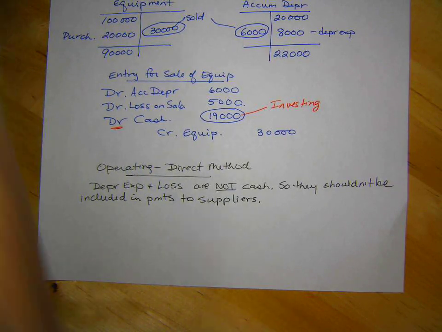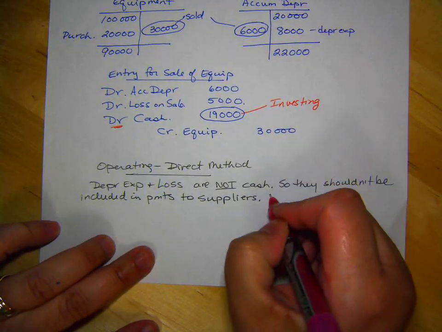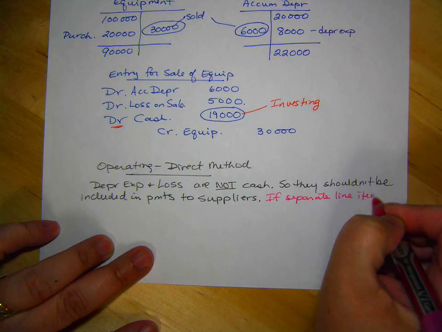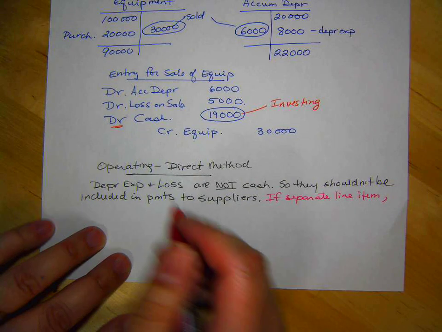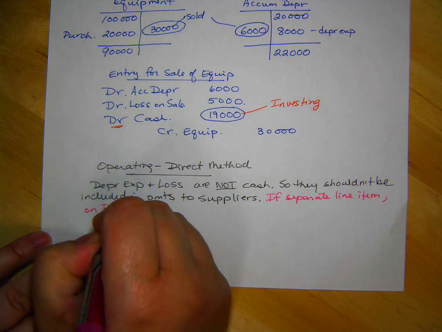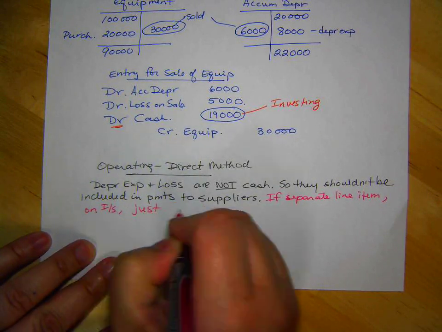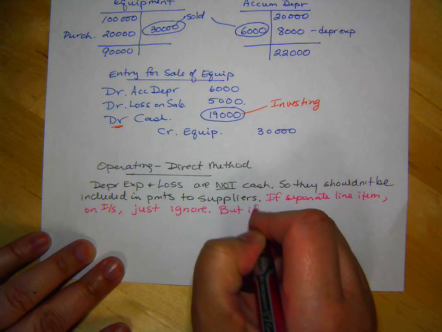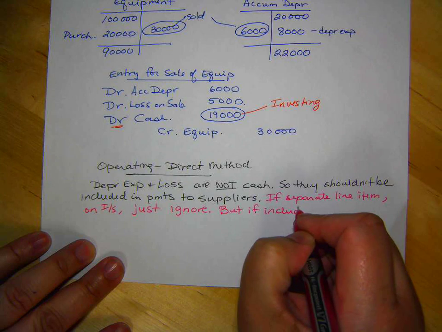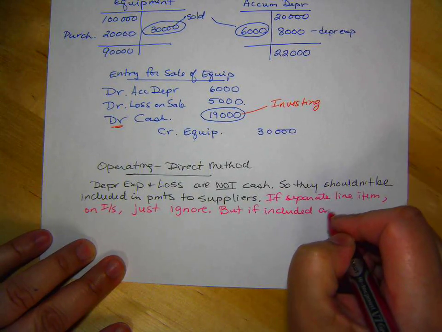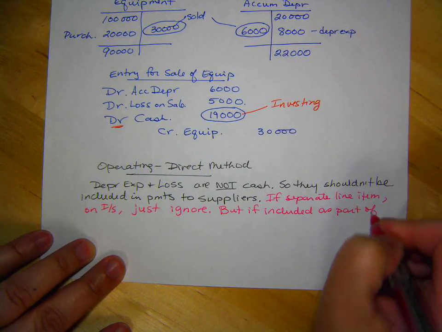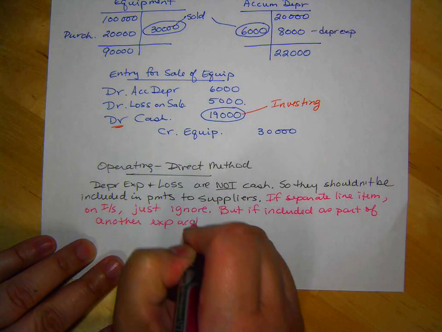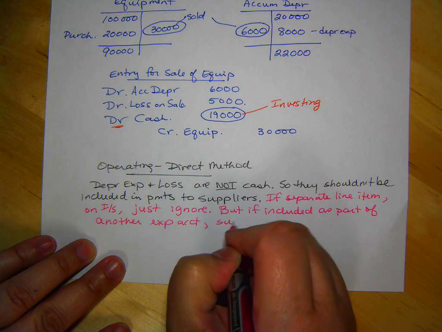If they are a separate line item on the income statement, just ignore them. But if they're included as part of another expense account, subtract.